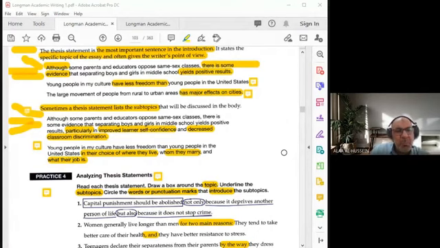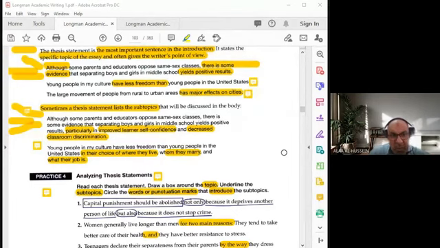The second example: young people in my culture have less freedom than young people in the United States. This sentence works as a good thesis sentence. Why? Simply because it has an idea, a main idea. It has a claim. It has a position.